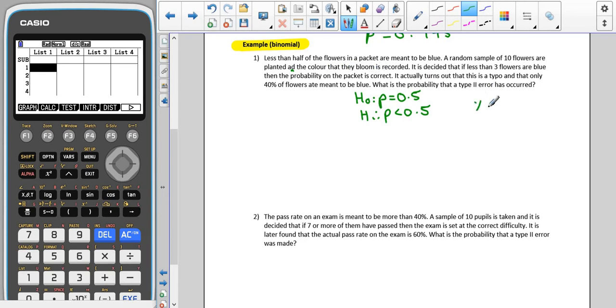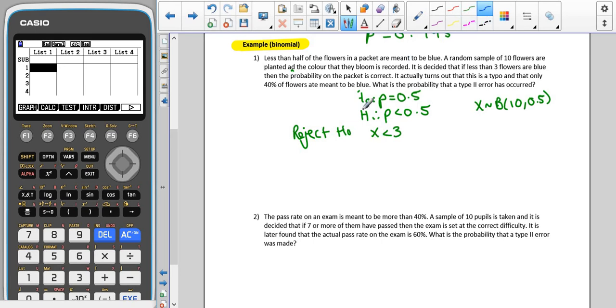So here we're using X follows binomial distribution of 10, 0.5 to begin with, and we're told that we are rejecting H0 if X is less than 3.